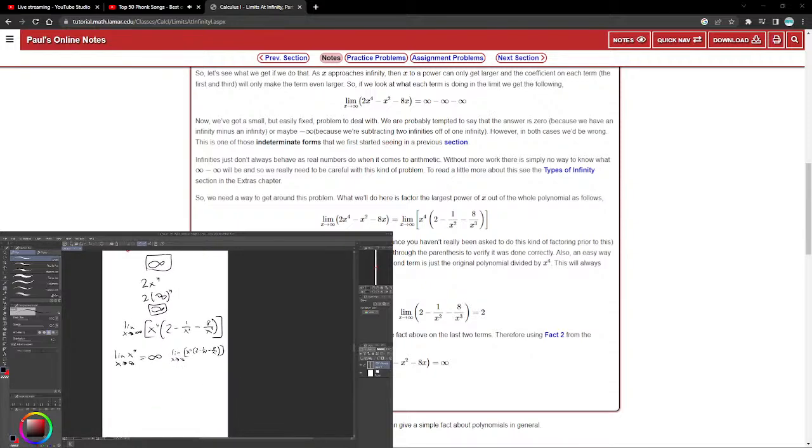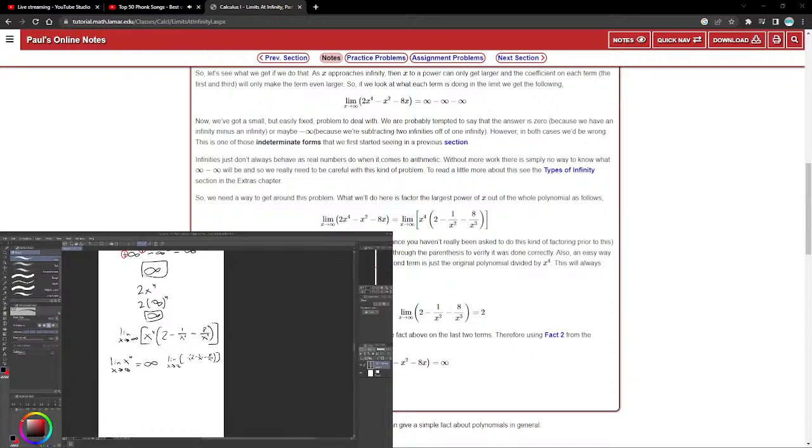I guess if you solve this, or no, the x to the power of 4 wouldn't be here. It would just be this, because we're splitting them up.